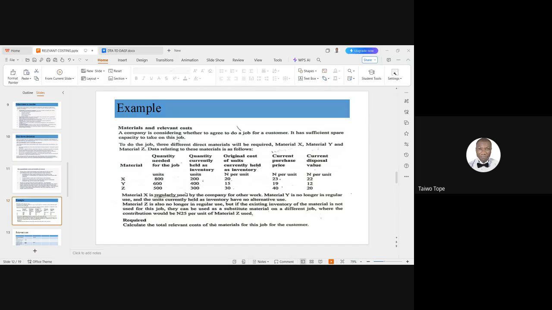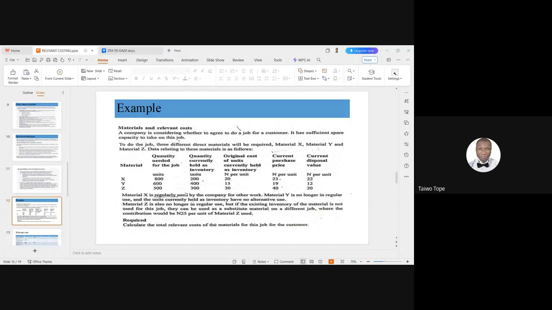The cost of using 400 units internally and not selling it is what? What is the opportunity cost? 400 times 12. If you use 400 units internally, you will not be able to sell it, right?